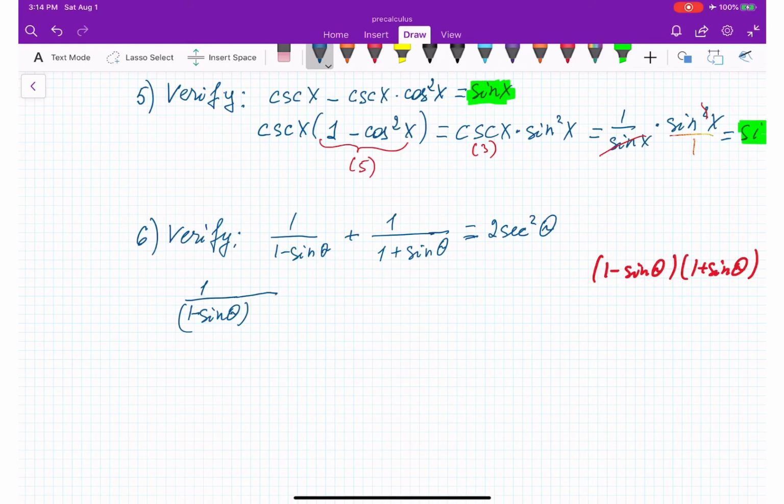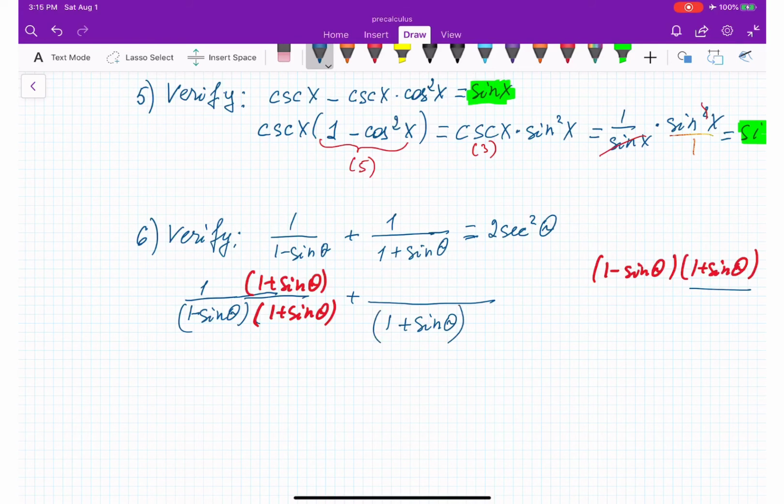So what am I missing here? I'm missing 1 plus sine theta, right? So multiplying by 1 plus sine theta, and same thing I'm doing here, 1 plus sine theta. Next, plus 1 over 1 plus sine theta.